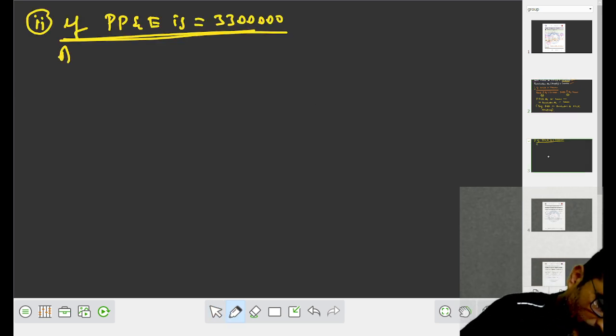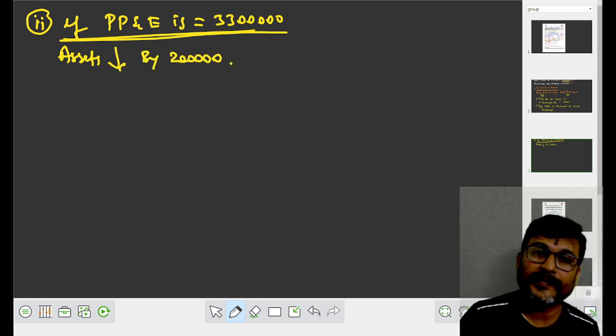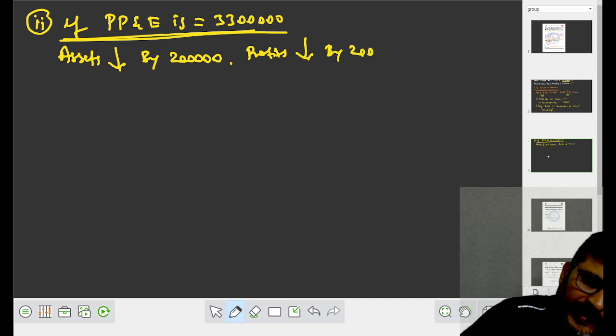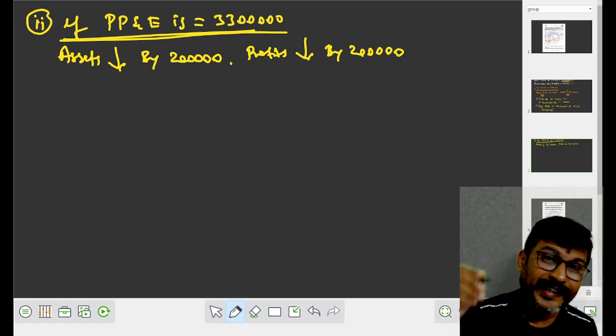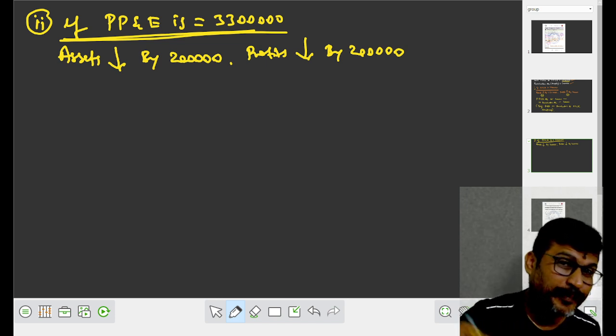What happened? Assets decreased by 2 lakhs. Simultaneously, profits decreased by 2 lakhs. Which profit? It is nothing but revaluation profit. We can call it revaluation profit.